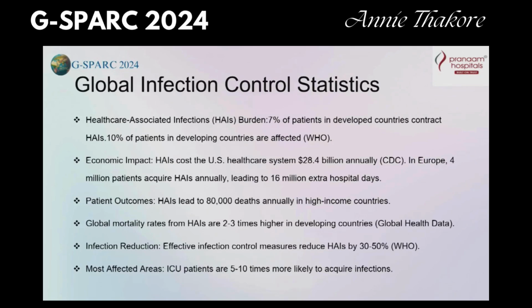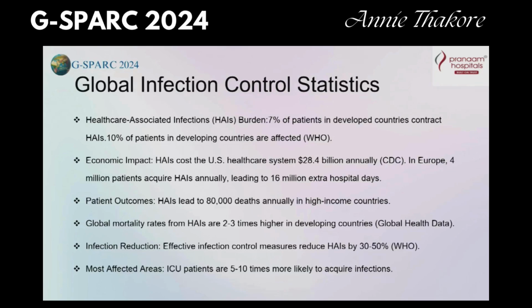As I said for global statistics, 7% in developed countries and 10% in developing countries. This is as per the WHO data. On economic impact, in the US it is 28.4 billion, whereas in Europe, 4 million patients acquire HAIs annually, leading to 16 million extra hospital days.